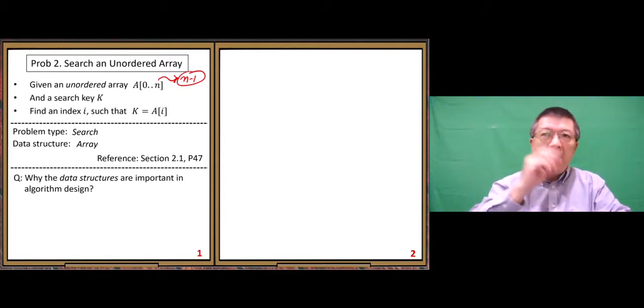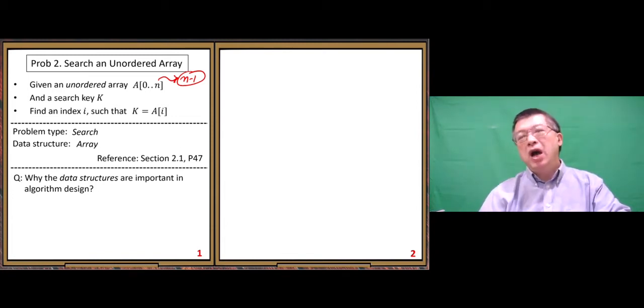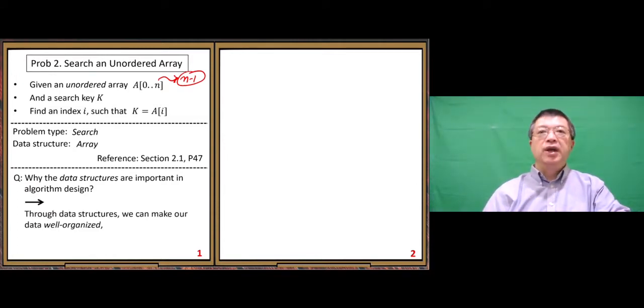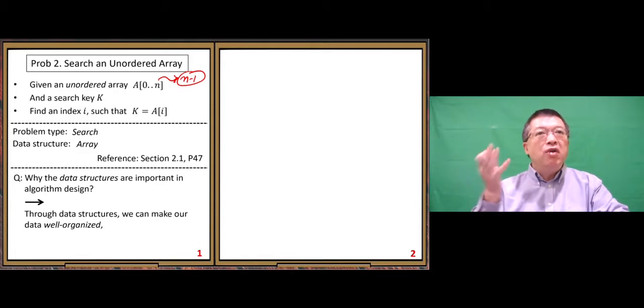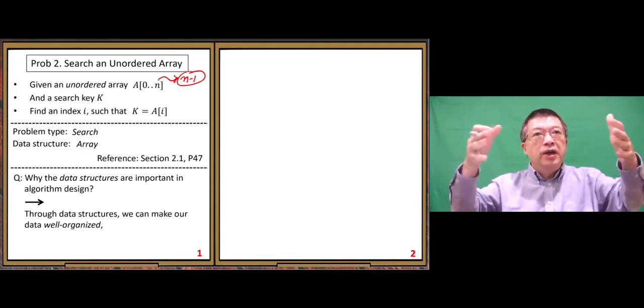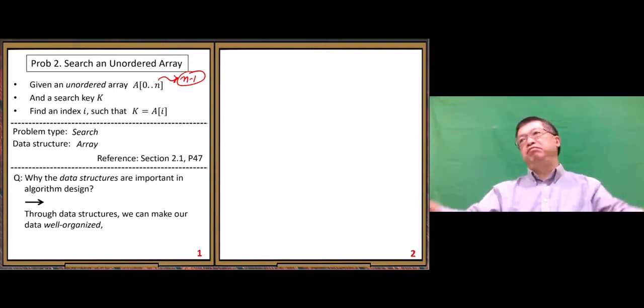Let me give you the answer, but we will spend a lot of time trying to understand it. The answer is, through data structures, we can make our data well organized. So the purpose is to organize our data in a special structure.